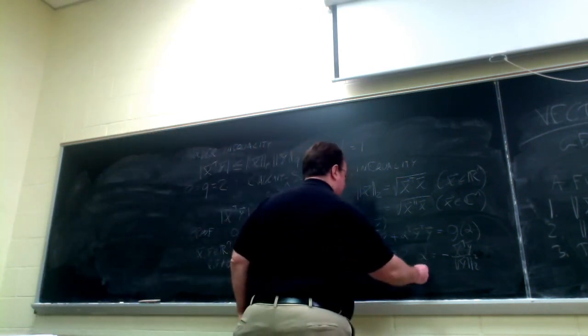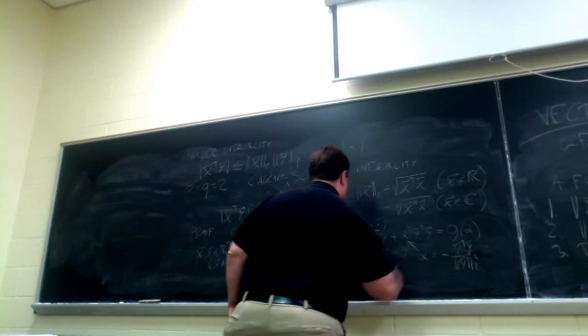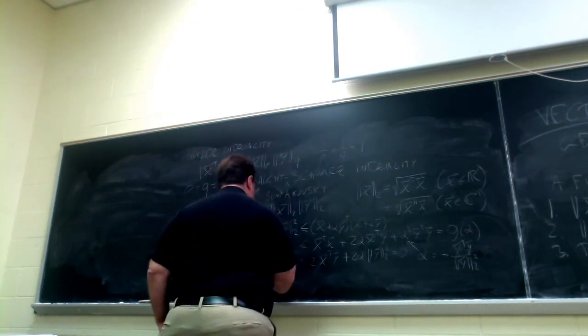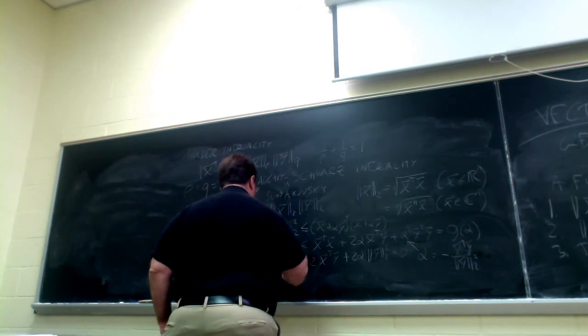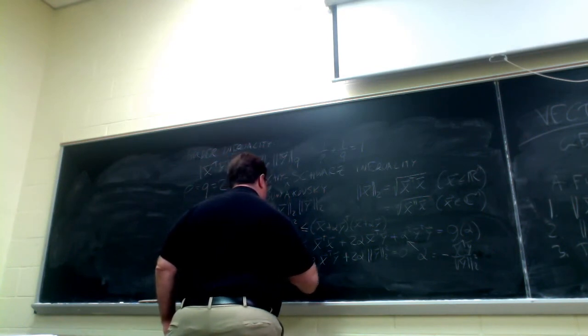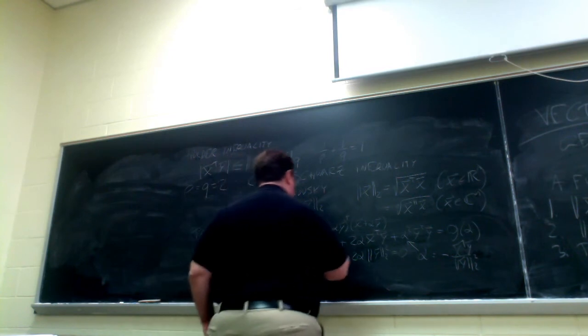So now I can put this value of alpha in here. The minimum of g of alpha turns out to be x transpose x, but that's the 2 norm of x squared.